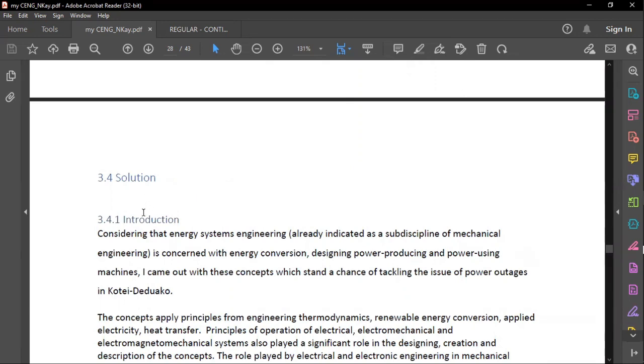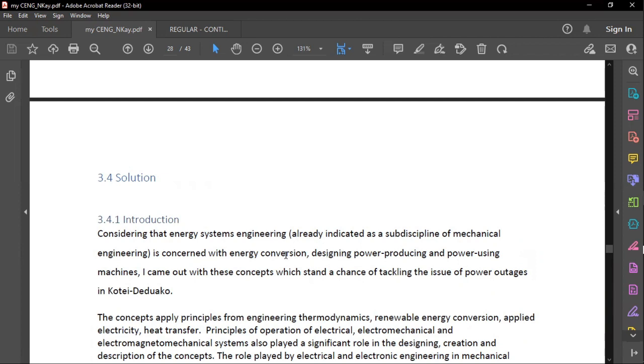Good. So you see, he said something here. Considering that energy systems engineering, already indicated as a sub-discipline of mechanical engineering, is concerned with energy conversion, designing power producing and power using machines, I came out with these concepts which stand a chance of tackling the issue of power outages in Cote d'Ivoire. So you see, it's very, very important.